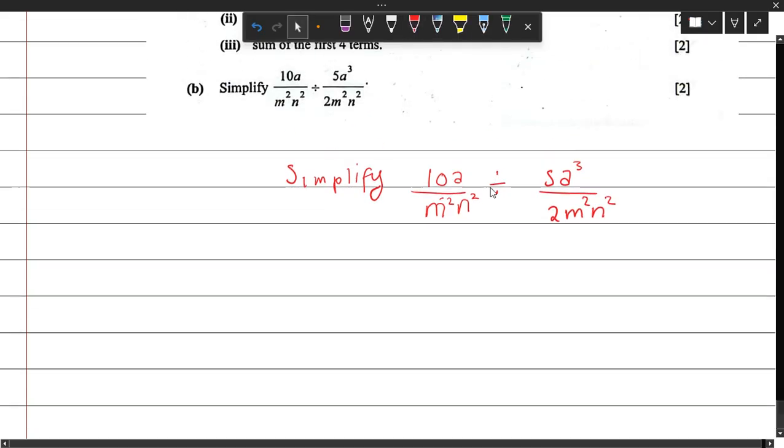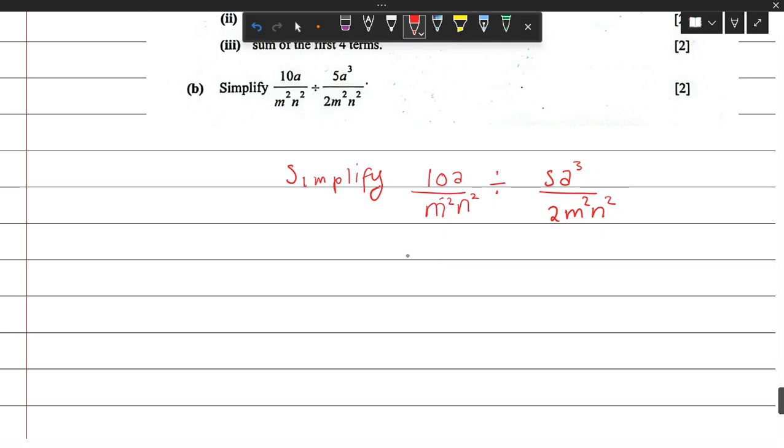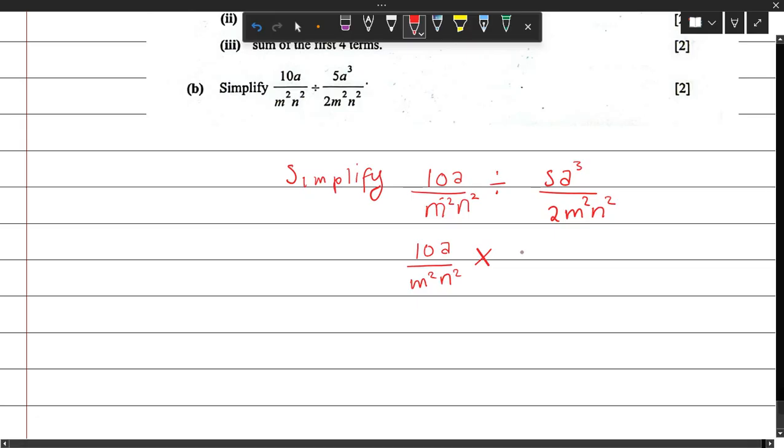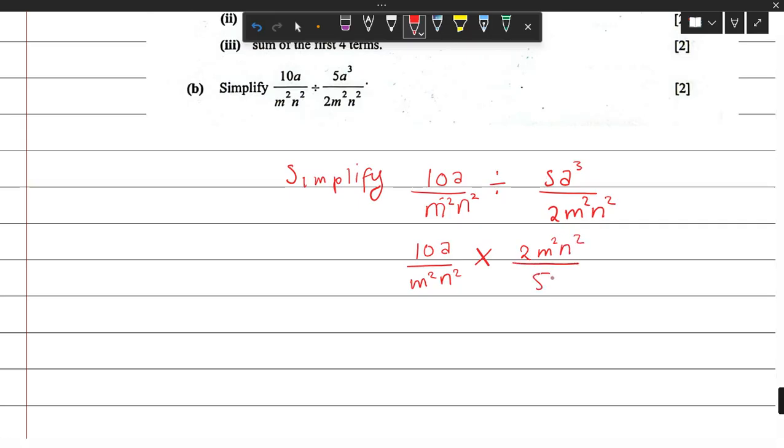If you know how to divide numbers, you just apply the rule of division. So we have 10a, we write this side n squared n squared. Division is changed into multiplication, and the numerator and the denominator swap. Whatever was down goes up, whatever was up comes down. So 2m squared n squared divided by 5a to the power 3.